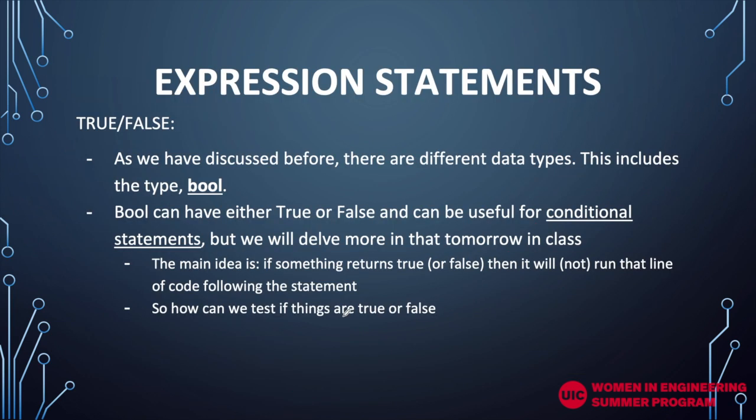All right, so let's talk about true and false. True and false are very important when it comes to conditional statements. As we talked about before, there are different types of variables, and this includes bool. A bool can either be true or false, nothing else. This is important for conditional statements, which is a topic we'll delve more into tomorrow.